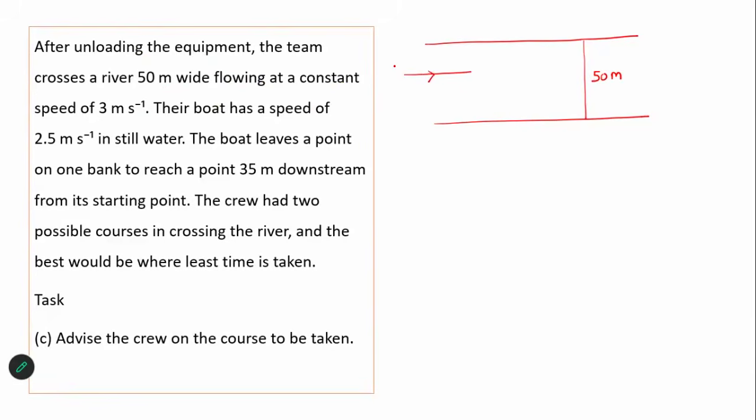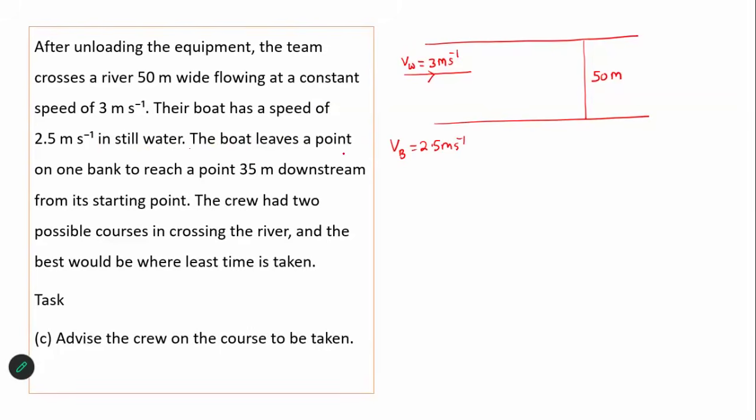Now, flowing at a constant speed. So I'm going to say V of the water is going to be 3 meters per second. Their boat has a speed of this in still water. Still water is that water that is a bit calm. So the velocity of the boat is 2.5 meters per second in still water.